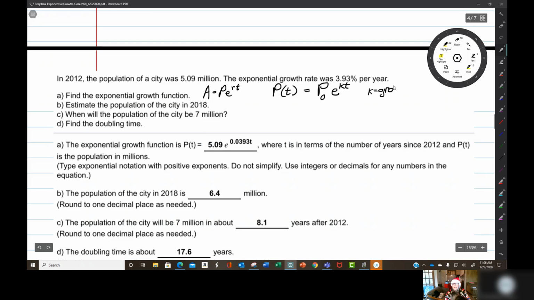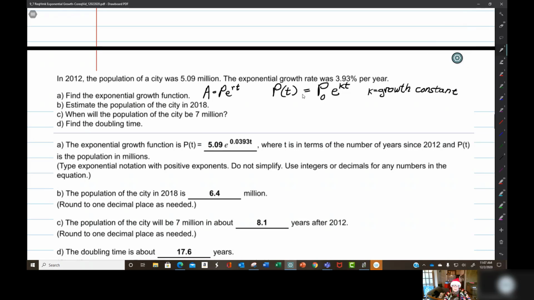But you know what? k is just the same as r. It's a rate of growth. r is the rate of growth of your money. k is the rate of growth of populations. Actually, k shows up a lot. Let's put a little arrow. They're the same. If you forgot this, you could always use the money one.